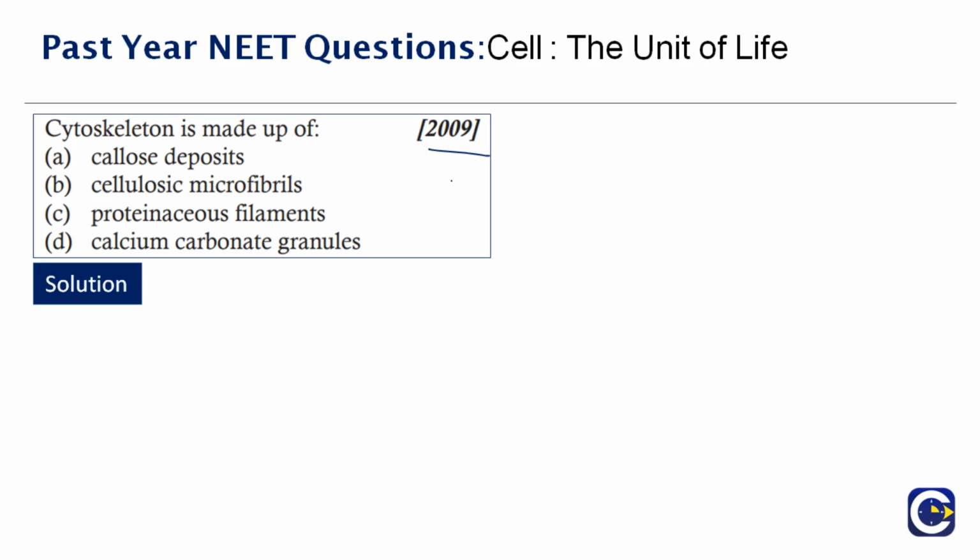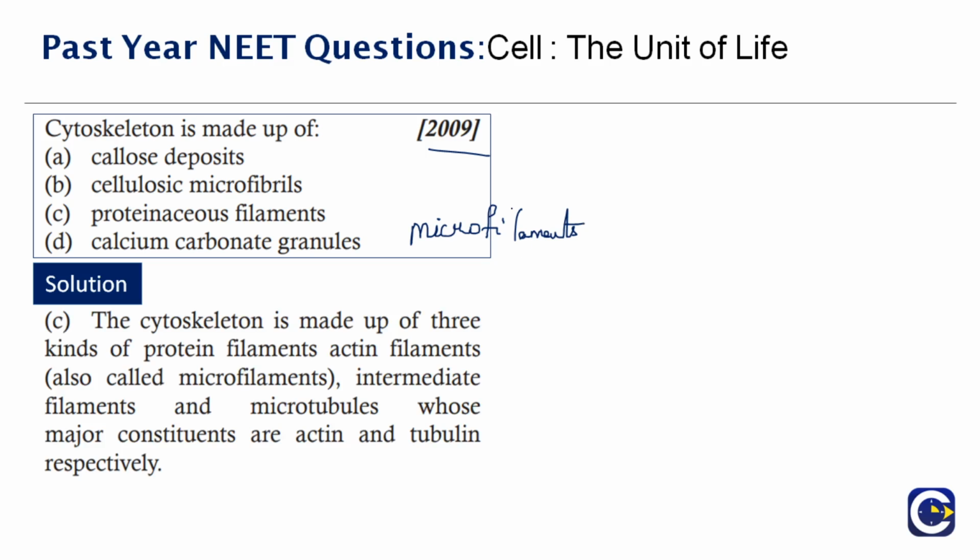Therefore the correct answer is proteinaceous filaments. Cytoskeleton is involved with microfilaments. Always remember that in your mind. It is very important for you to understand what a cytoskeleton is, the backbone of the cellular organization. So therefore the correct answer is option C, proteinaceous filaments.